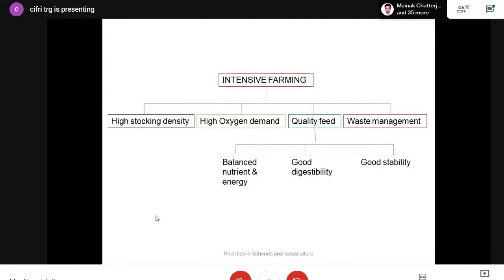So having said all these things, the importance of good stability becomes a prime concern for open water farming. And lastly, waste management. In intensive farming, it is a very important issue, and in the last 2-3 days we have been talking about how to manage waste, so that the water condition remains good, suitable for fish farming, and ensures the good health of the organism.